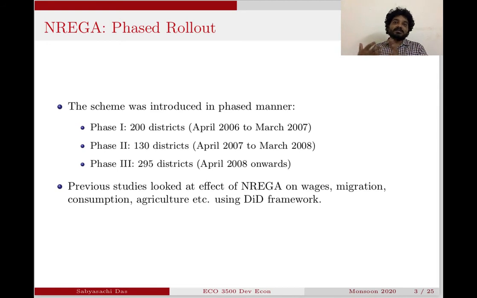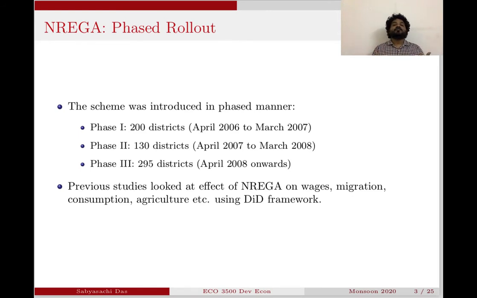Because during the lean season, in the absence of NREGA, people would often migrate to towns or cities to look for work. So these are temporary migrants, right? They would work in, say, construction sites in urban areas for a few months and then go back during the agricultural season to work in the fields. And because NREGA provides this kind of insurance, the idea is to check whether it actually reduces migration to urban areas, and its effect on consumption, agricultural activities, etc.